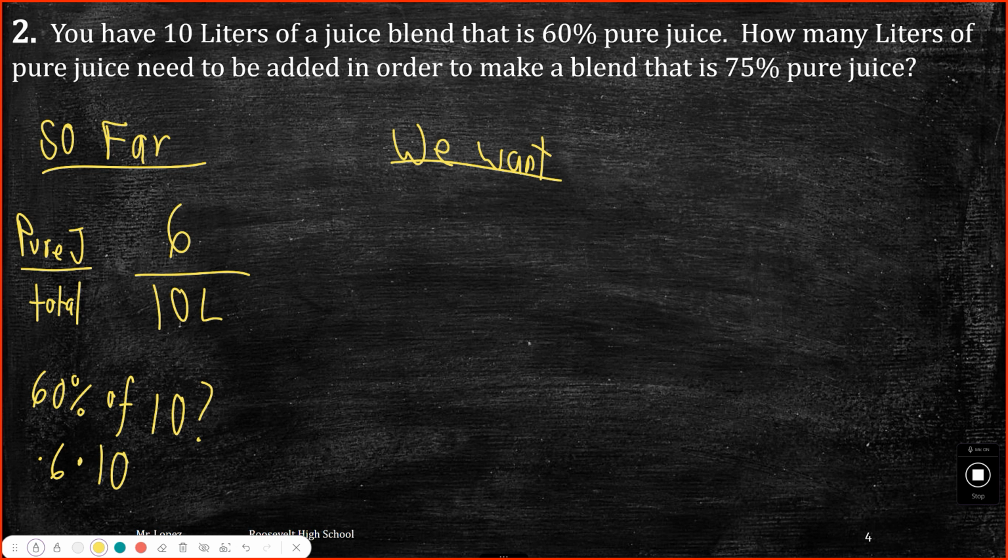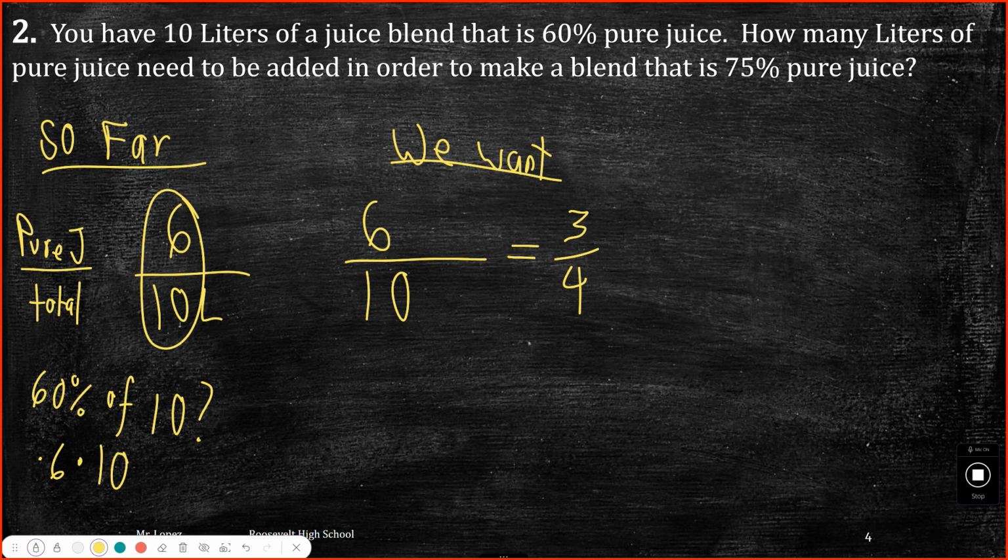Okay, so now let's go back to what we want. What is it that we want? 75%. We want a solution that is 75%, which is what in fraction? 3/4. Move this over: 6 over 10.